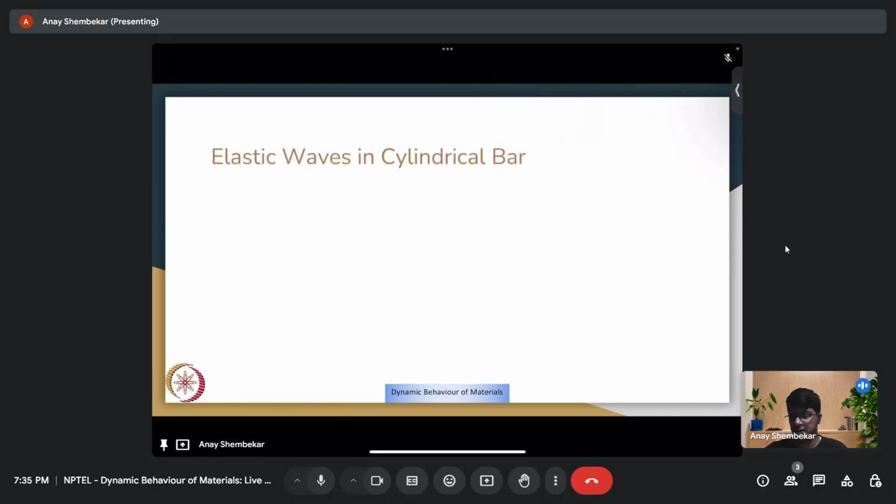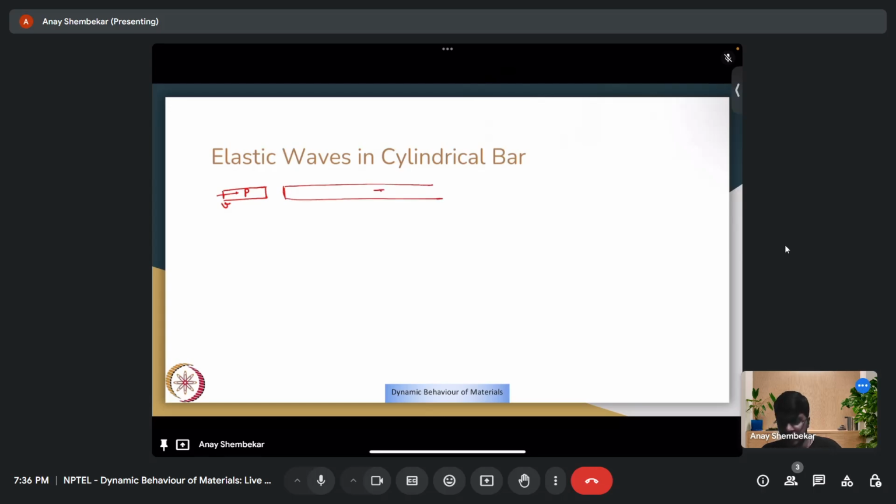Next part of the lectures was on elastic waves in a cylindrical bar. Specifically, it dealt with how we analyze the impact on the bar. So, if I have a projectile, this is my projectile hitting with the velocity v on a cylindrical bar.